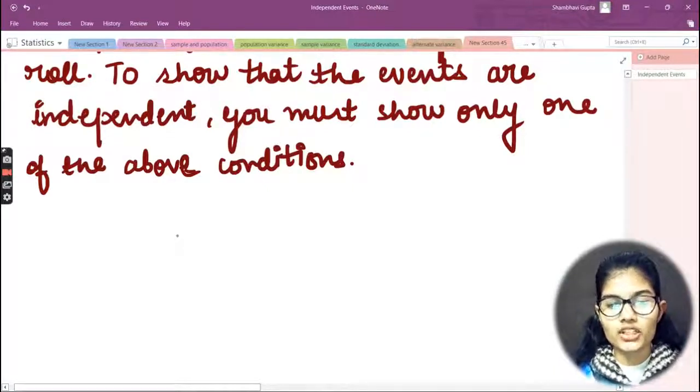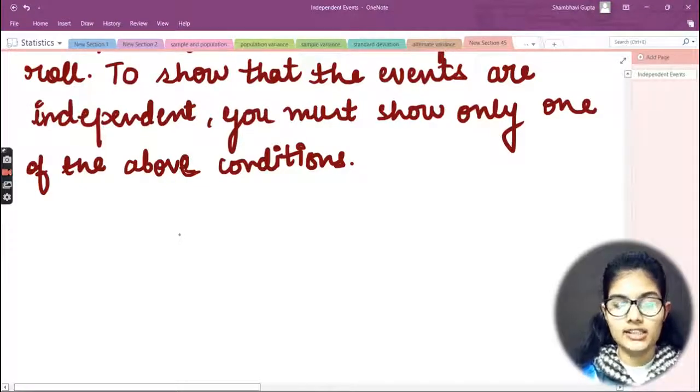So if the two events are not independent, then we say that they are dependent.